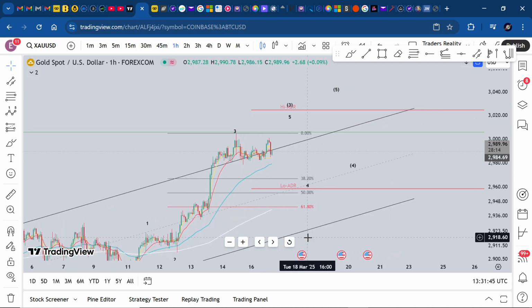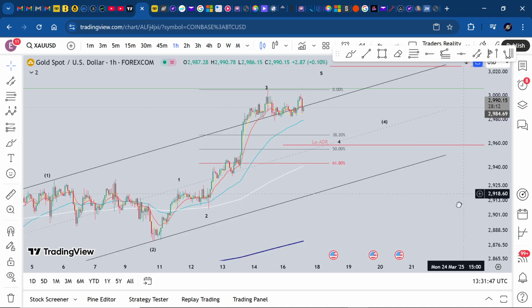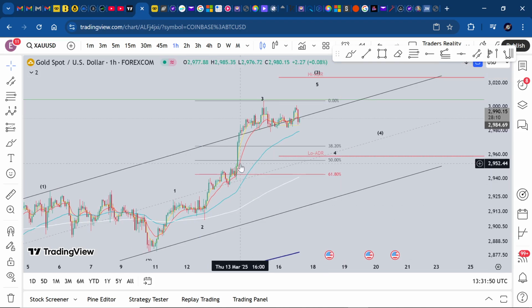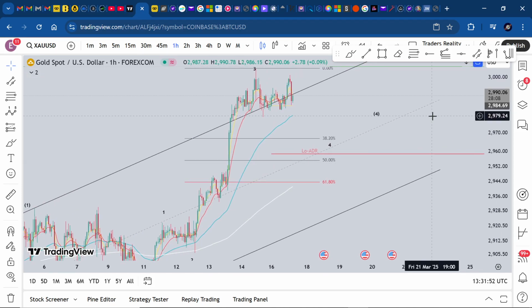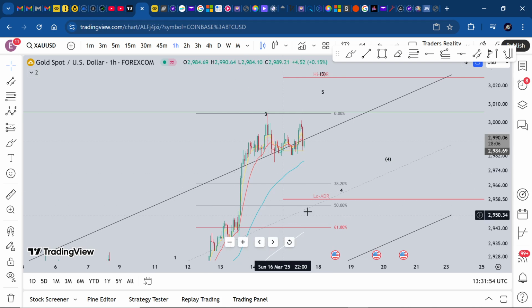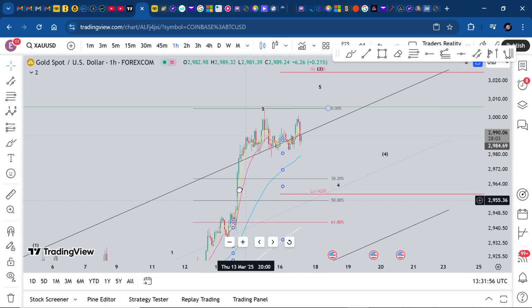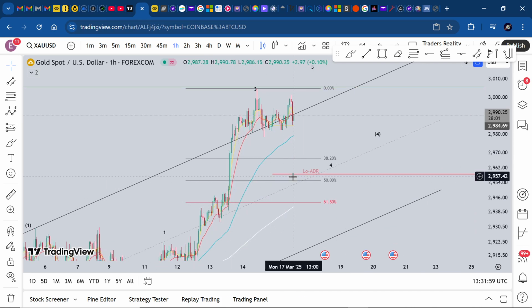Maybe during the Asian session or by 5, 6 o'clock today. See where price is at. If we did get price in this area, even close to the 618, and then I see anything like this.